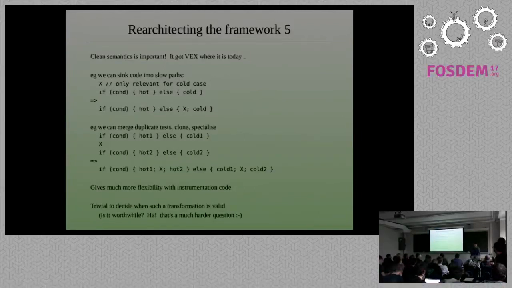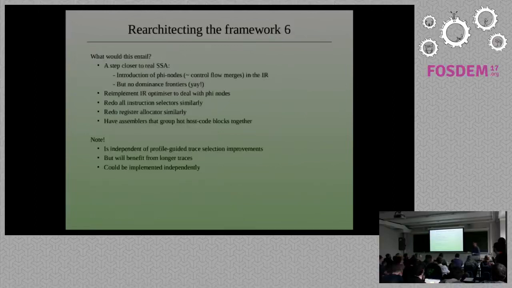So I'm nearly done. I have just one more slide to say, what would that actually entail? So this takes us one step closer to having real SSA. What it doesn't do is give us loops in the IR. Having loops in SSA brings you the complexity of having to compute dominance frontiers, and that's a complexity and expense that I really don't want to have in a JIT.